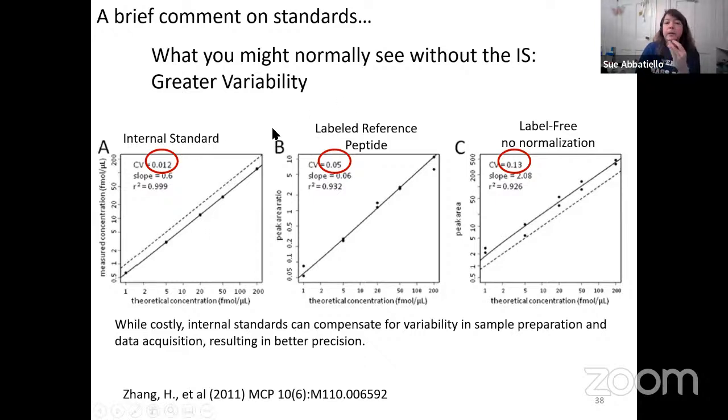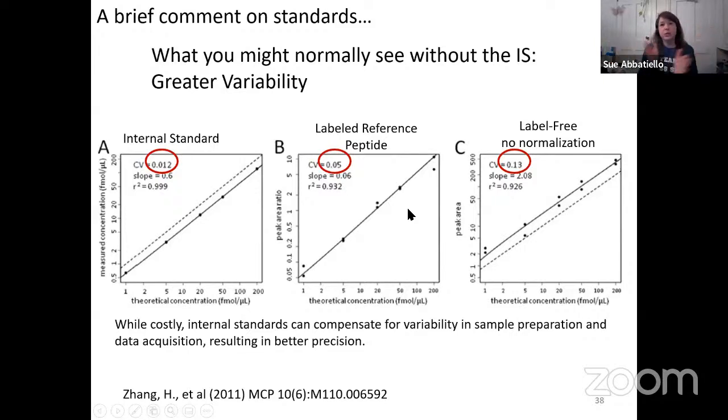If instead we take these same data that were generated here for the light curve, but instead of dividing by the isotopically labeled peptide that we're looking at, we use a different labeled reference peptide that appears somewhere else in the chromatogram, so it's a different sequence, a different retention time, different ionization potentials, different fragmentation.